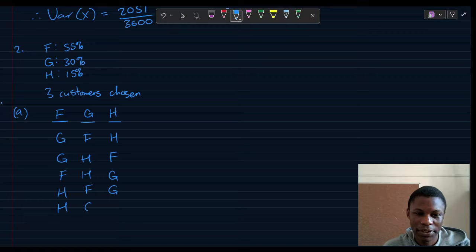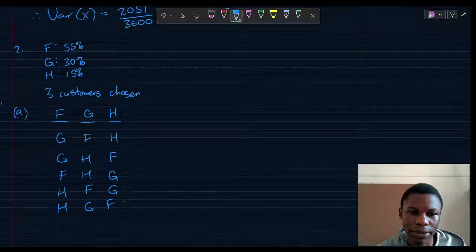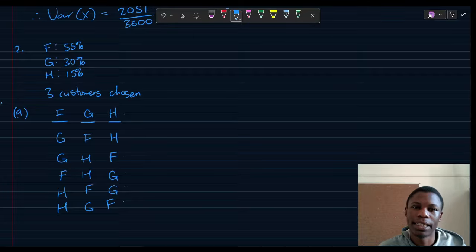H, G, F. Okay. These are the 1, 2, 3, 4, 5, 6 different possible combinations, because we're not told that customer 1 has to buy from F, customer 2 from G, customer 3 from H. They're just saying that they have to all purchase from different companies, right? So this can actually be done in 6 different ways.